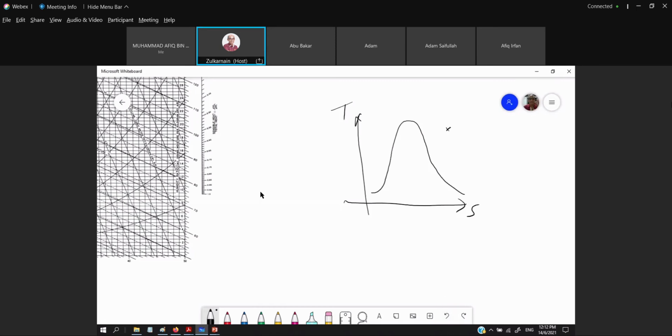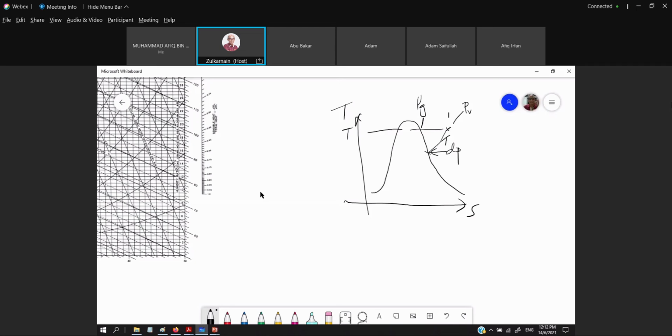This is our point 1, at pressure PV. This is our T, and this is our PG. And this is our dew point temperature, TDP.